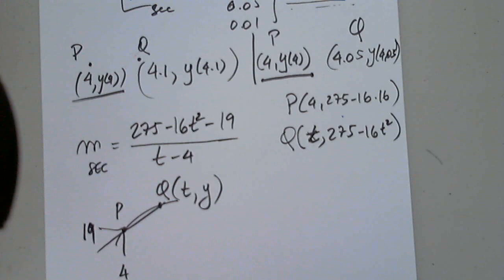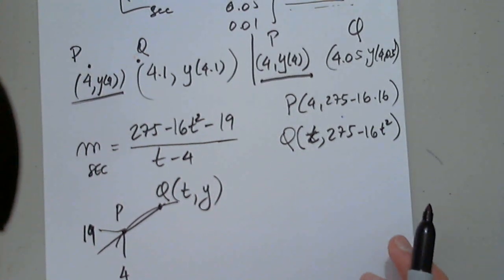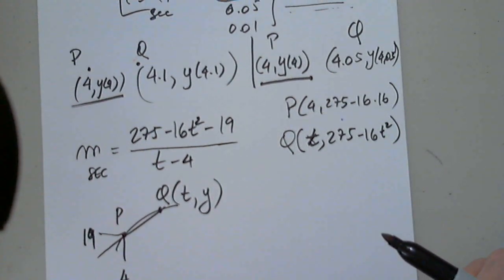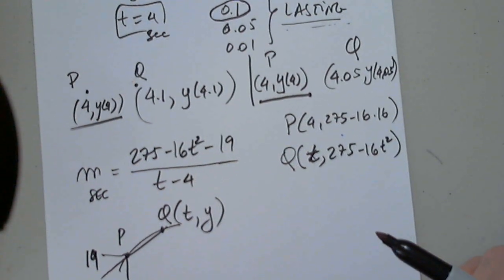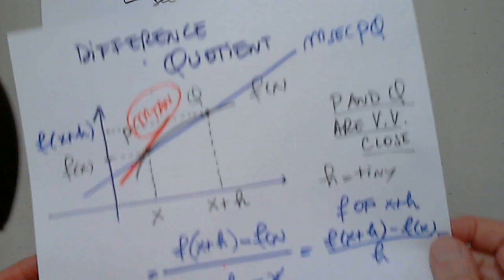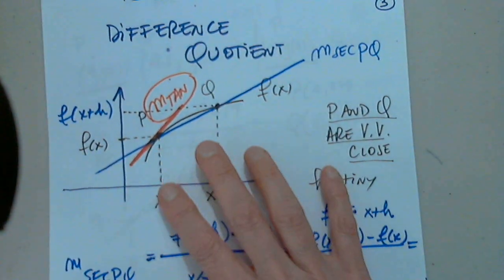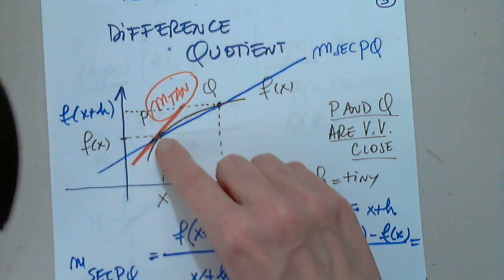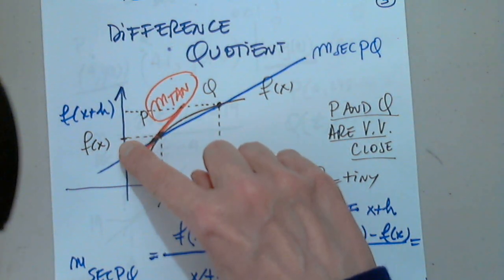Is that okay? Somewhat. So, yes, go ahead. Where does the 19 come from? I know where the 275 minus 16t comes from. Okay. So remember the question here was, when this is 4, how do I determine this?